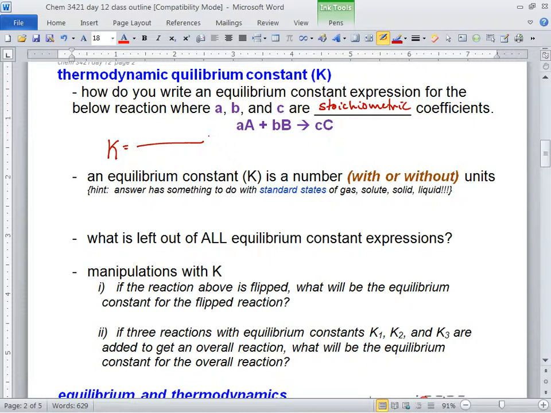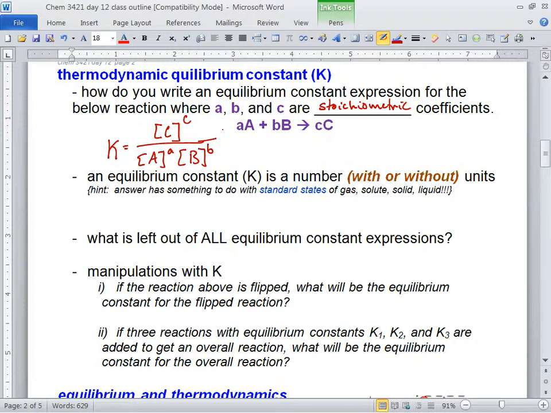So what would it look like? On top, big C. Now, is it brackets? What do the brackets mean? Concentration, okay. And then to the little c. And then the bottom would be in brackets. Sorry, I wrote the wrong one first. Right, there's how we write our equilibrium constant, big K, expression.